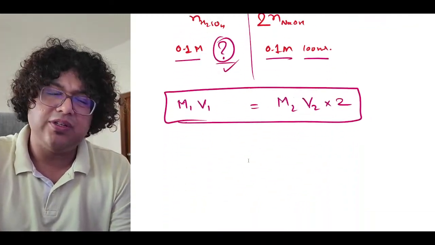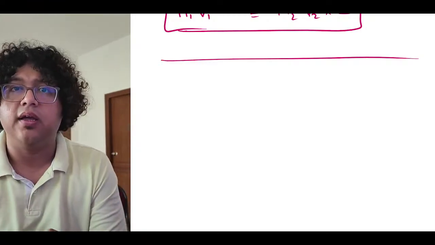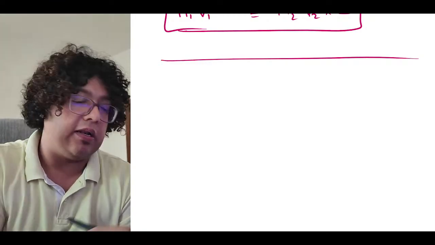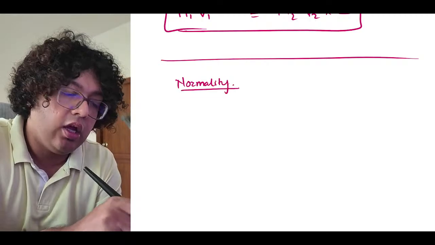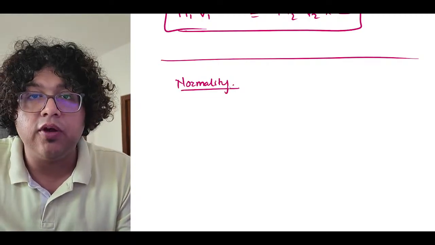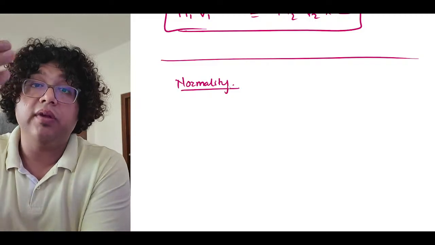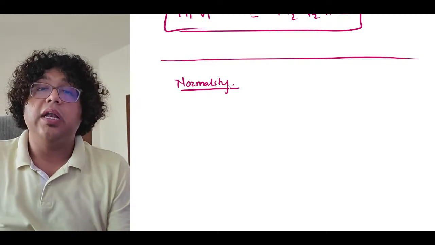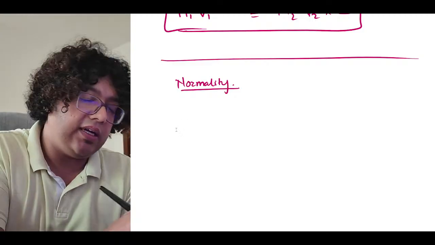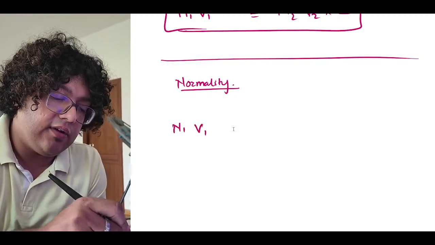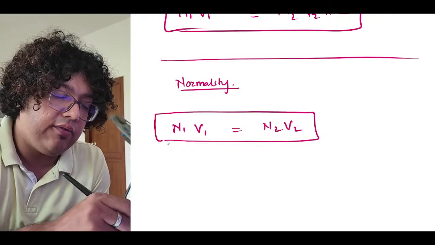But people solved all this stuff. People said, "Screw this, why do all this? Let's keep everything simple." So when you have things in terms of normality, you don't have to worry about the number of H plus ions, the number of OH minus ions, or even the number of electrons being exchanged. In case of normality, you will simply get N1V1 equal to N2V2, because what are we equating now?